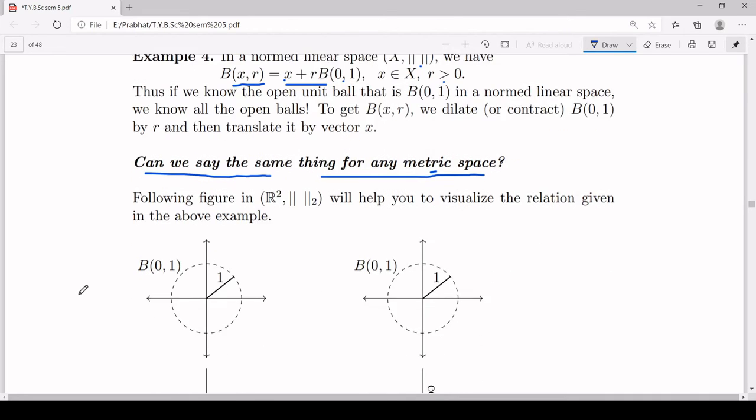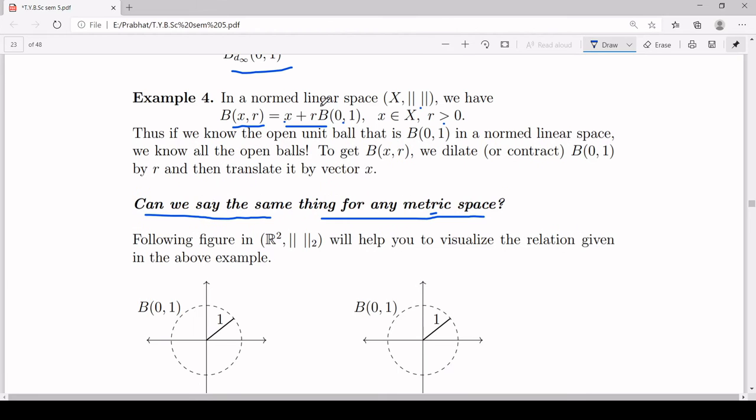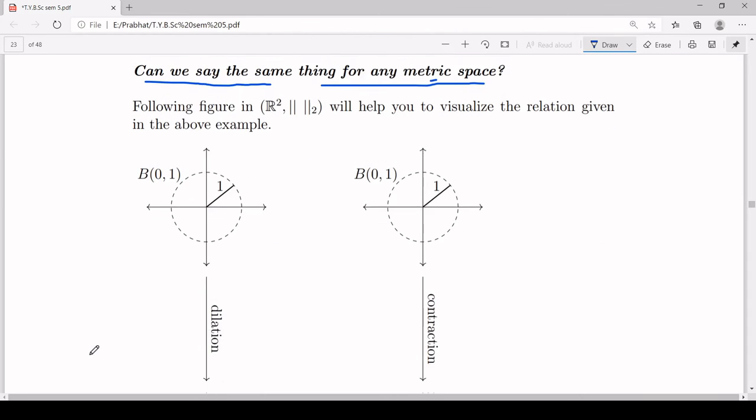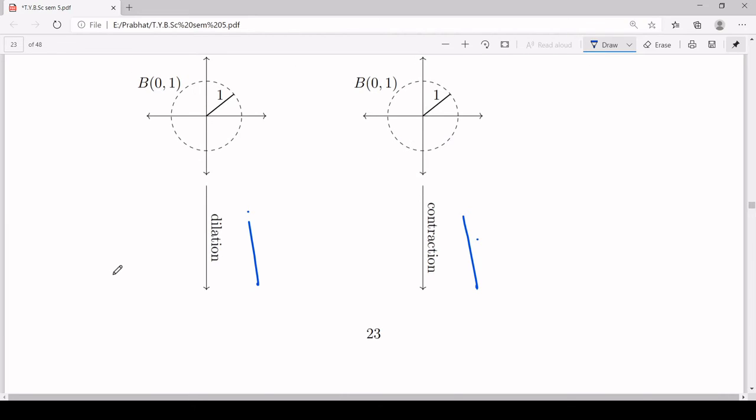Now I have given a pictorial view of the equation B(x, r) equals x plus r times B(0, 1). Dilation and contraction are both shown. Here I have considered B(0, 1), and here also B(0, 1). In the first part I am dilating it, and here I am contracting it. That means here your r is greater than 1 and here your r is less than 1.